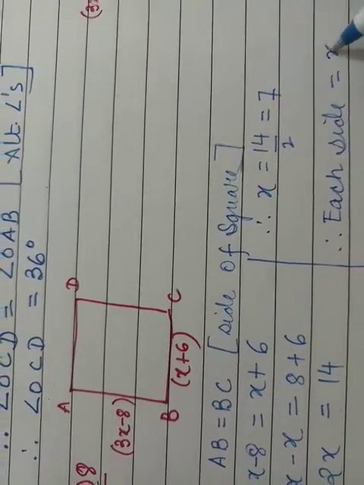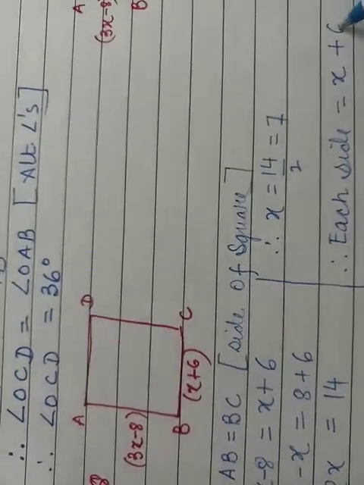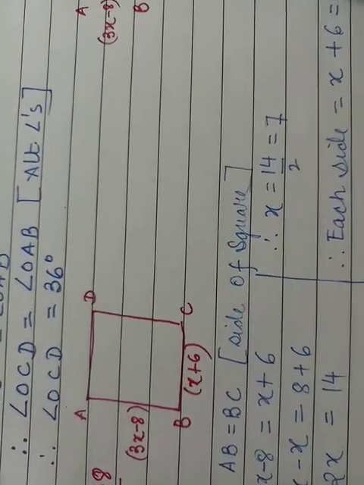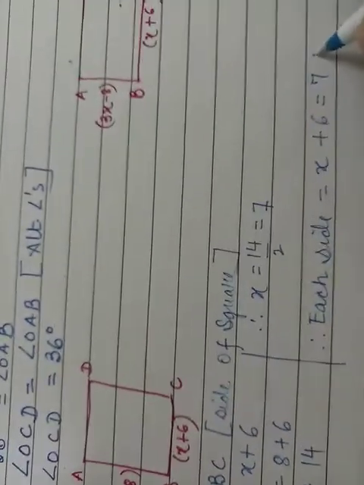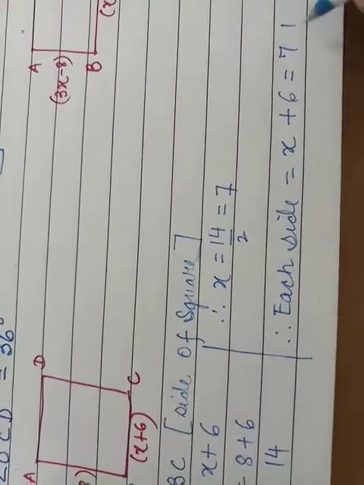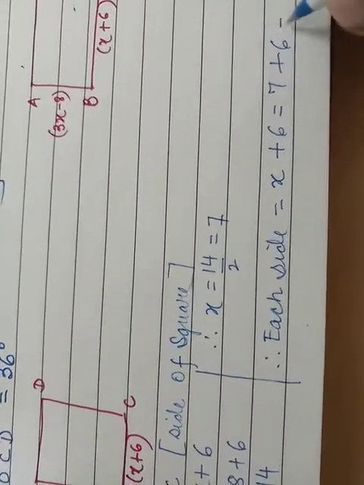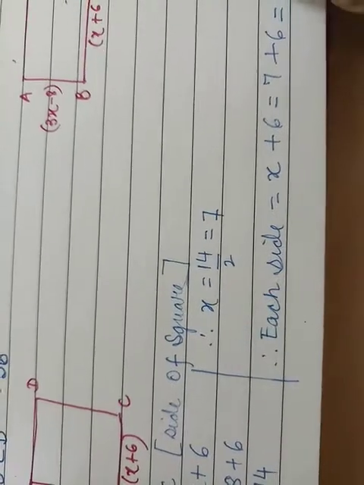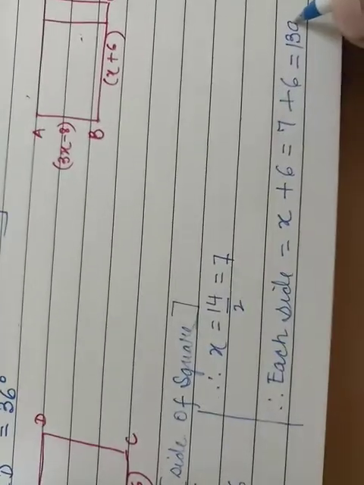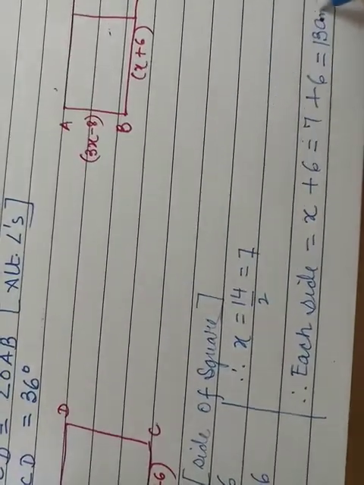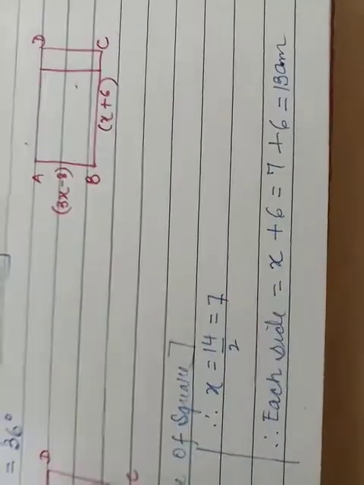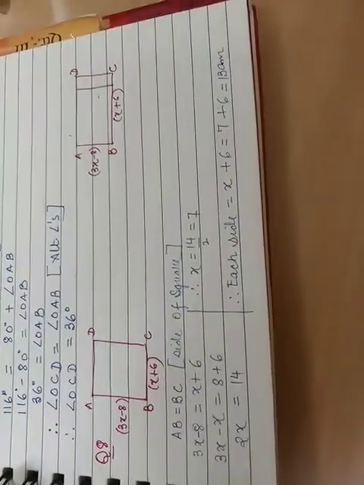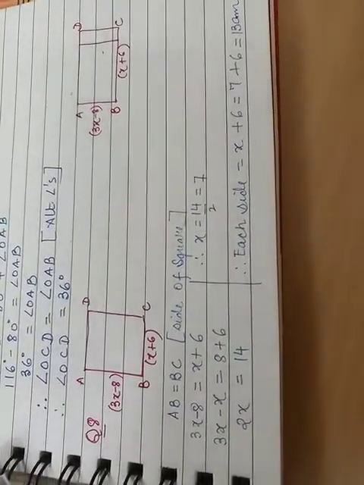Both are equal. So I take x plus 6. x is equal to 7, plus 6, that becomes 13 centimeter. So the length of each side is 13 centimeter.